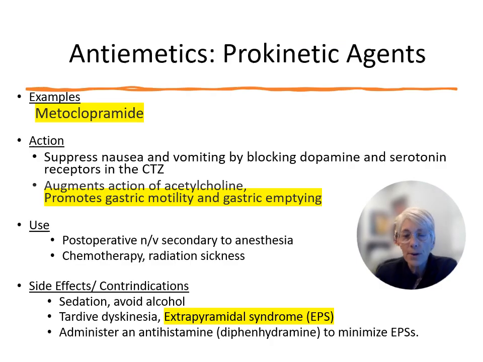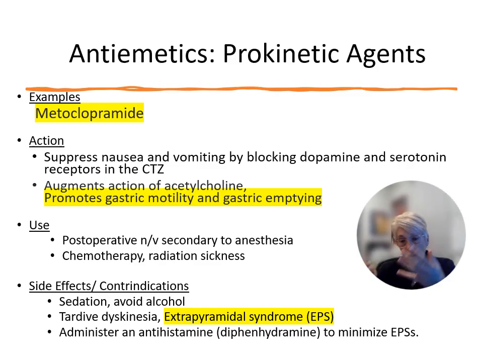So another category of antiemetic is our prokinetic agent. And they actually only have one prototype in ATI, and that's our metoclopramide. Now, this does block dopamine and serotonin receptors in the CTZ, the vomit center. But another thing that it does is it also promotes gastric motility.